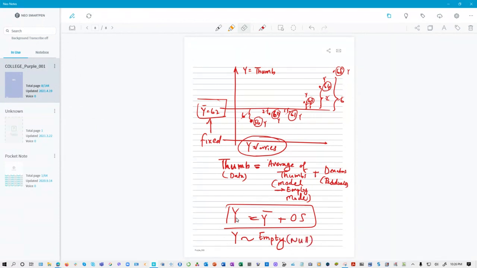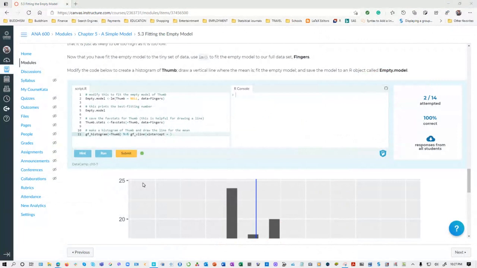That's enough. Y means what? Your data, thumb. You write like that. But when it comes to the histogram, since you're going to have that x, whatever variable you are interested in, the variable for which you draw the histogram should go on the x-axis. That's the reason I put it on the x-axis.